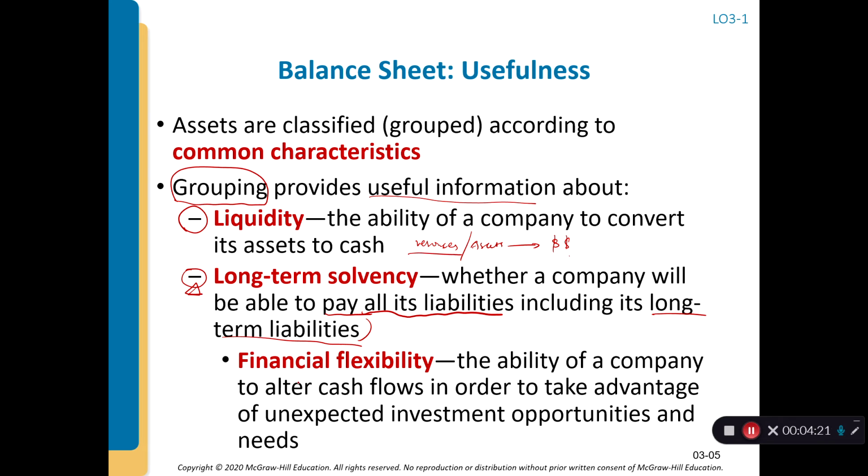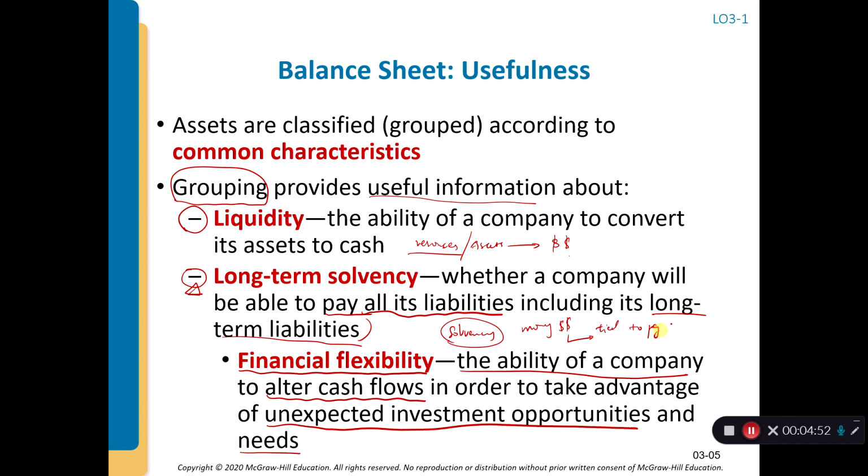Solvency also provides information about the company's flexibility as well. And what is flexibility? It means the ability of a company to alter cash flow in order to take advantage of unexpected investment opportunities and needs. In other words, if you have a solvency problem, that means a lot of your cash is going to be tied up paying for debt, right?